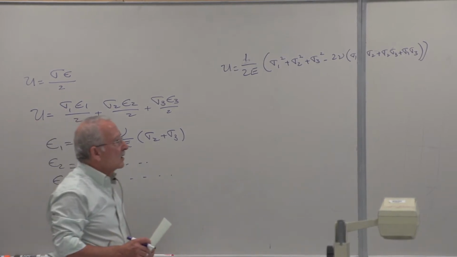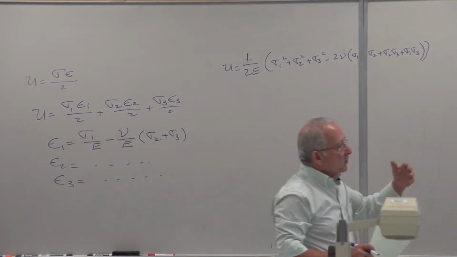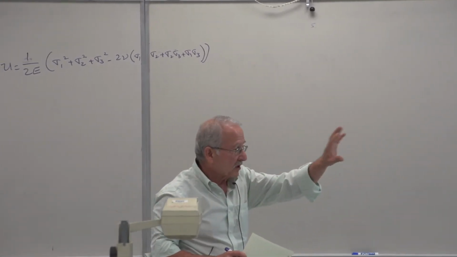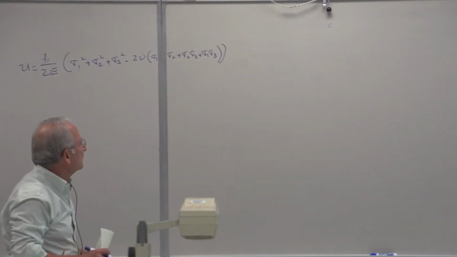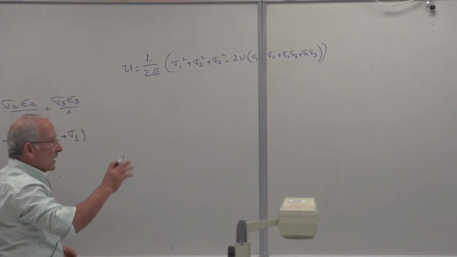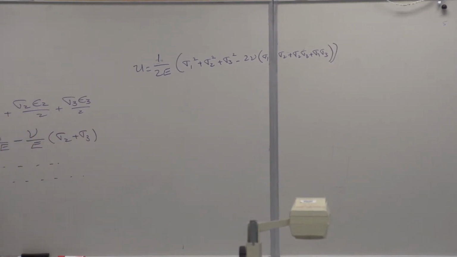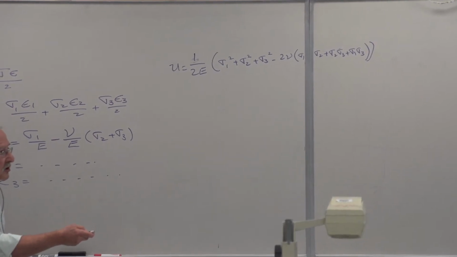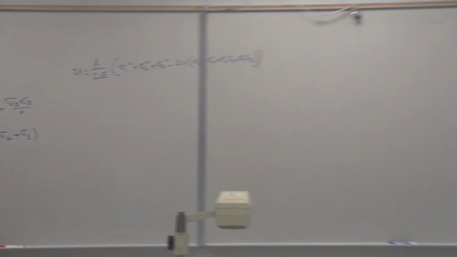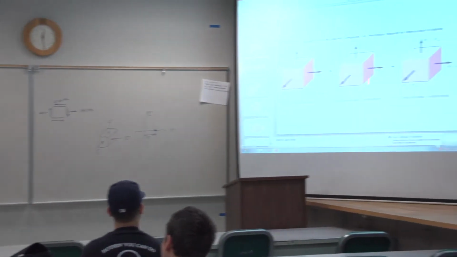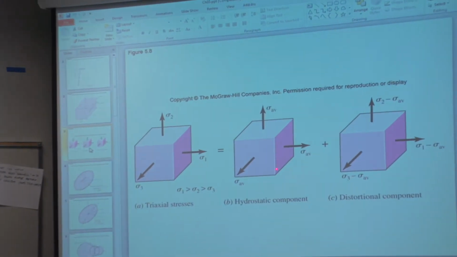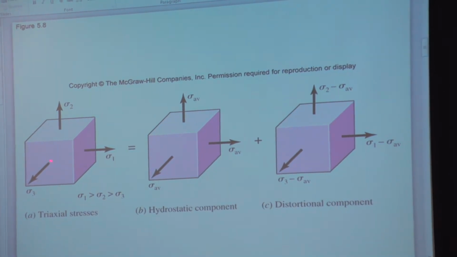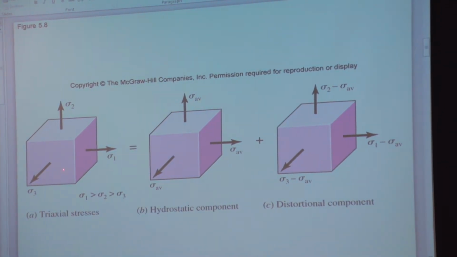Now, let me go ahead and put sigma average here, and then I'll show you why that should be sigma average. If I want to find the strain energy due to this, I need to subtract the strain energy due to that from strain energy due to the original state of stress.